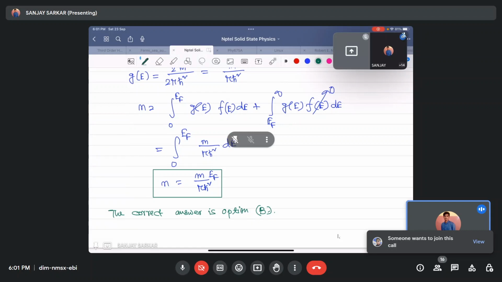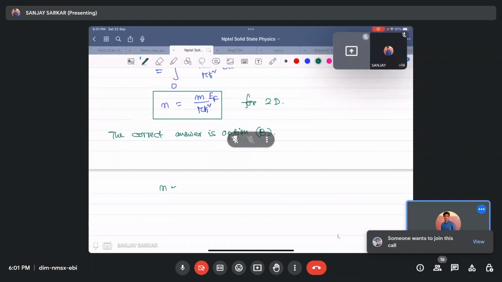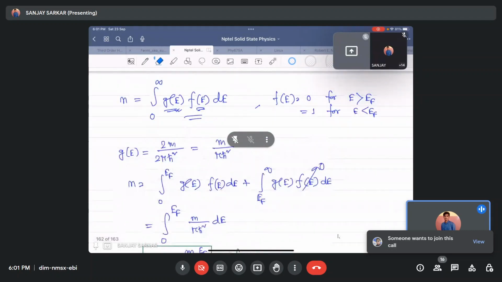So it was for 2D. Can you calculate it for 3D also? What would be the relation of n with EF for 3D? I want the same kind of relation between n and EF in 3D. You need to do it the same way, and the only change is that the density of states will change, and other things are the same.